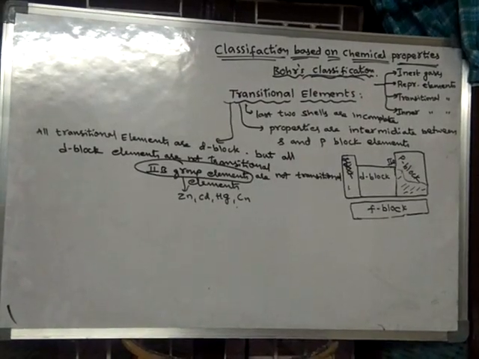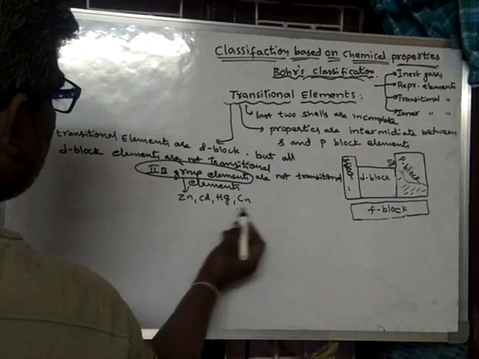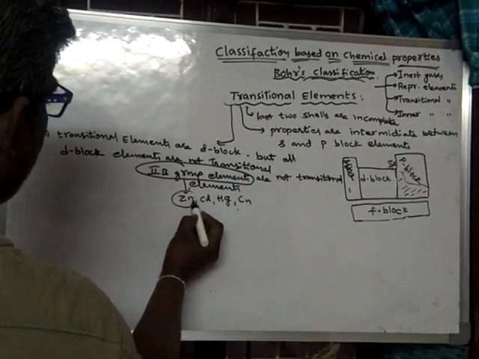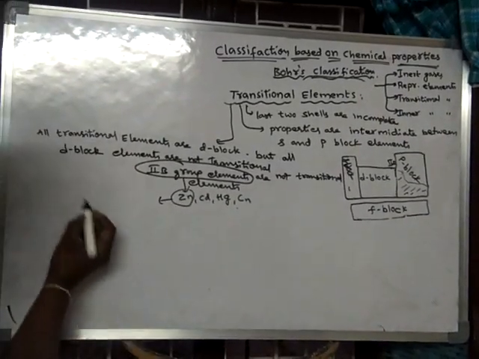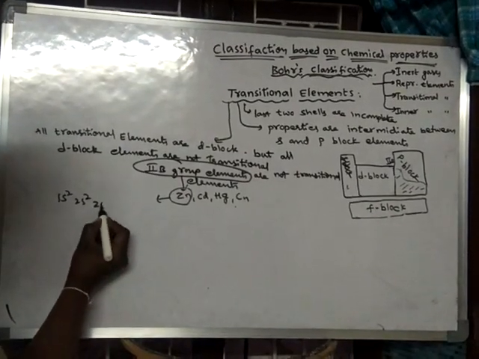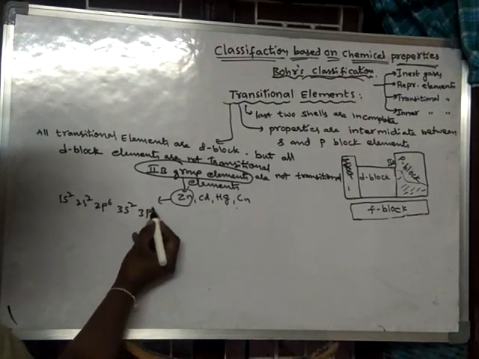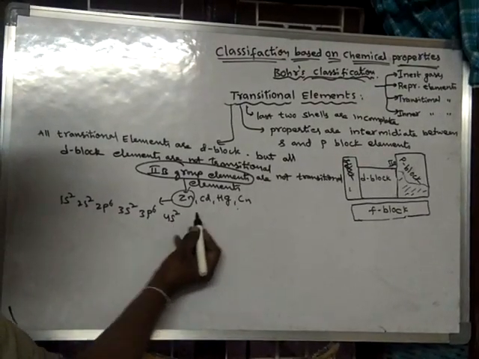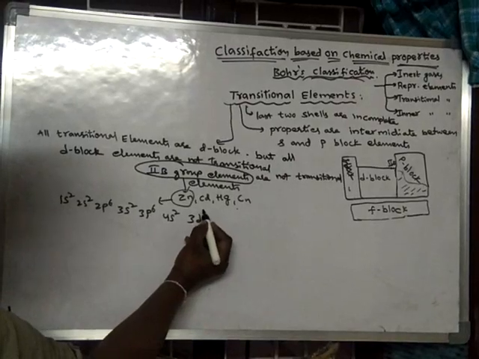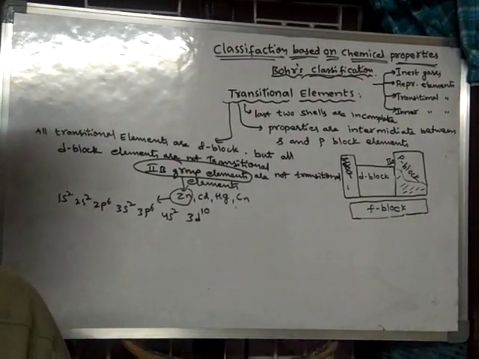See, for example, take zinc. Its configuration is 1s2, 2s2, 2p6, 3s2, 3p6, 4s2, 3d10. So this is the electronic configuration of zinc.